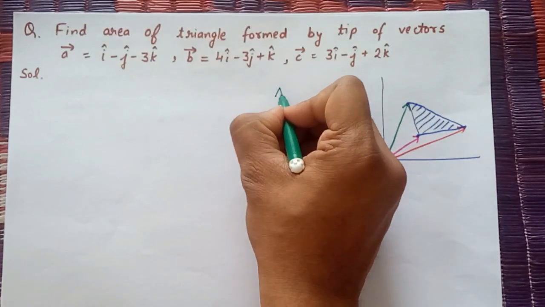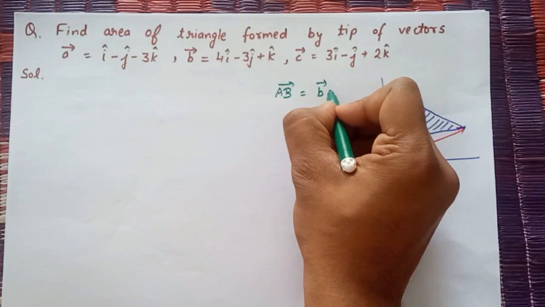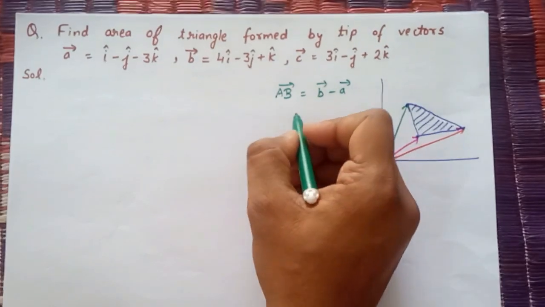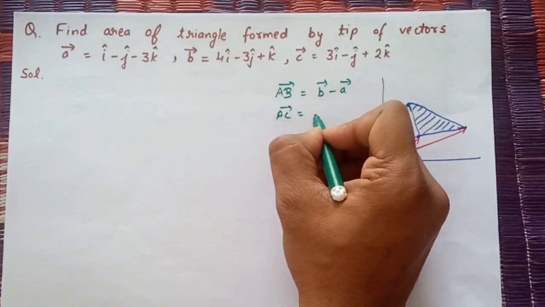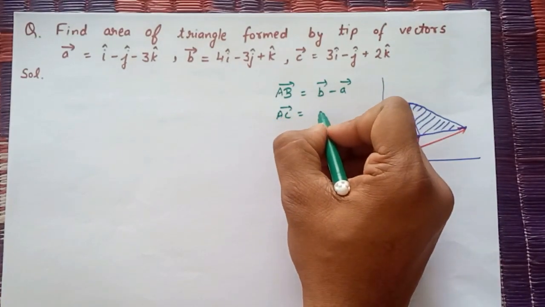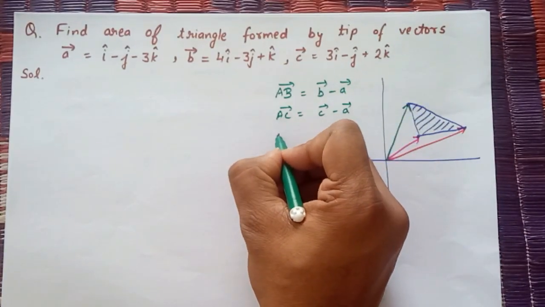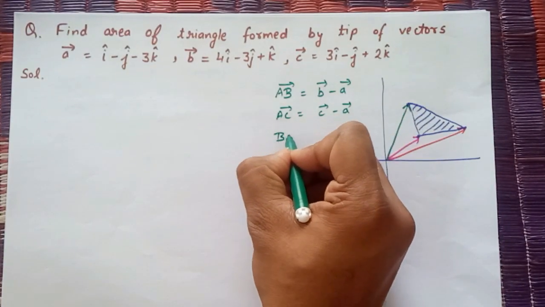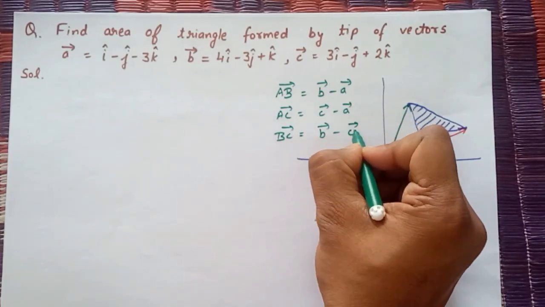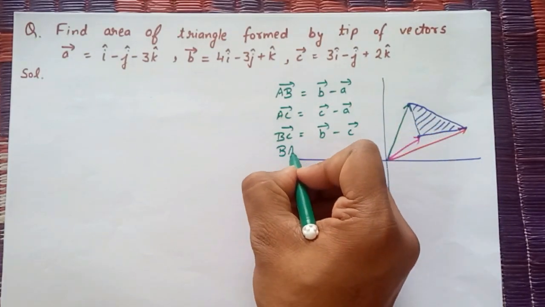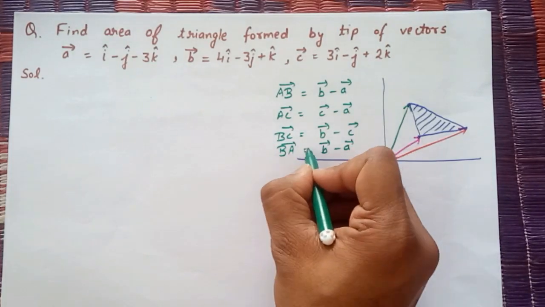It means AB vector is equal to B minus A. Similarly, AC vector will be equal to C minus A, or you can say BC vector will be equal to B minus C, or BA vector is equal to B minus A.